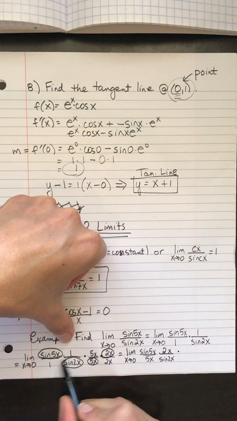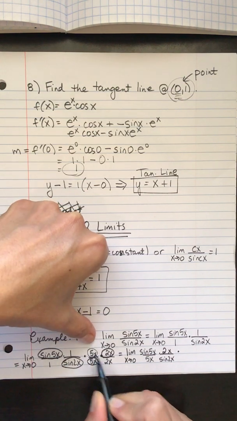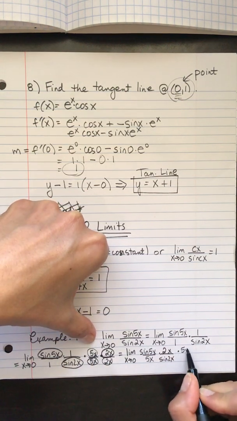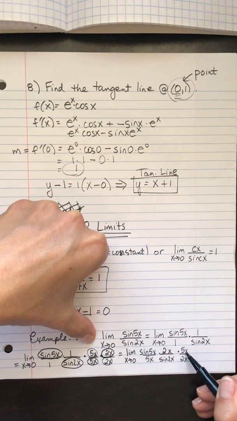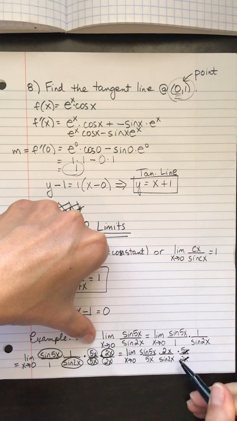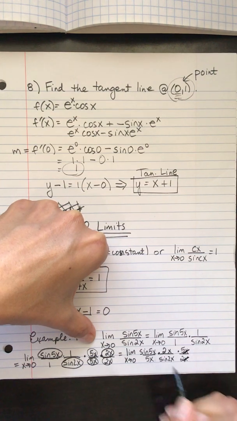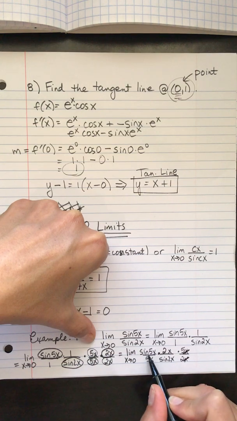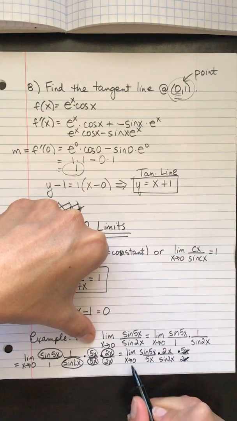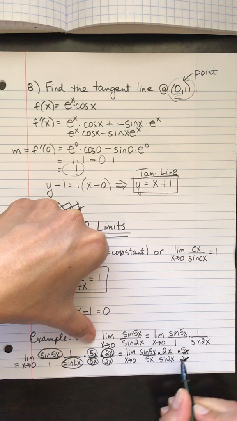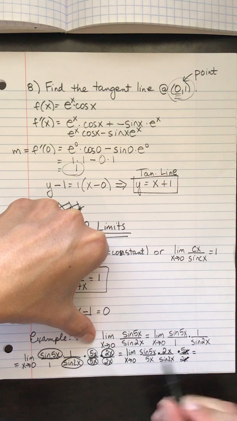The 1 over 1 I don't have to write, but I do have 5x over 2x, which reduces, crossing out the x's, to 5 over 2. The property of limits says if you have a limit of something times something, you can split it into 3 limits, which means you can evaluate them separately.